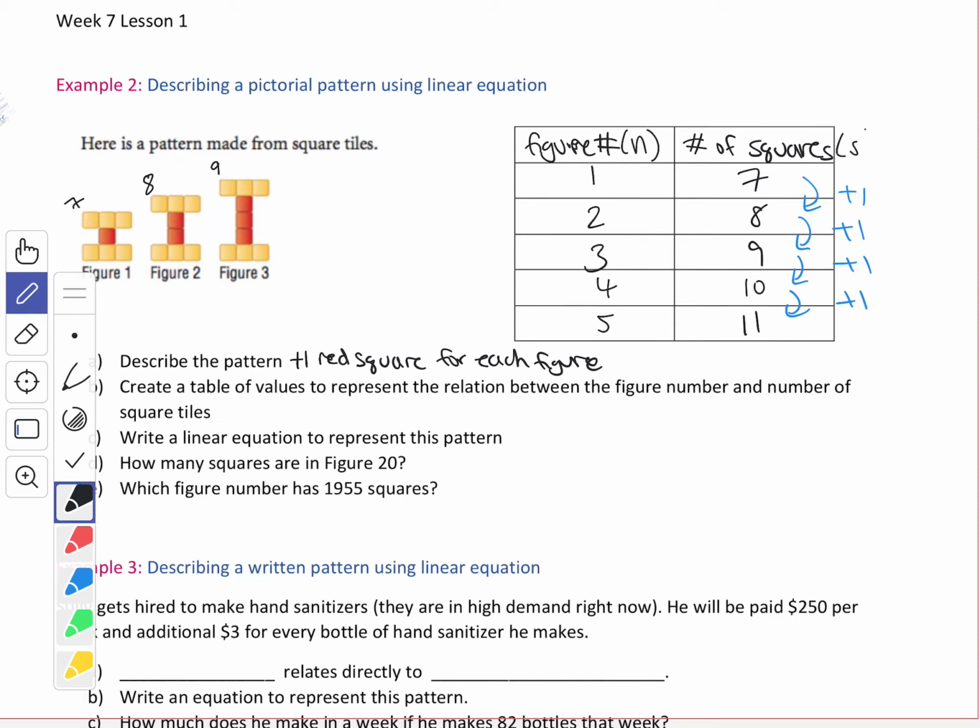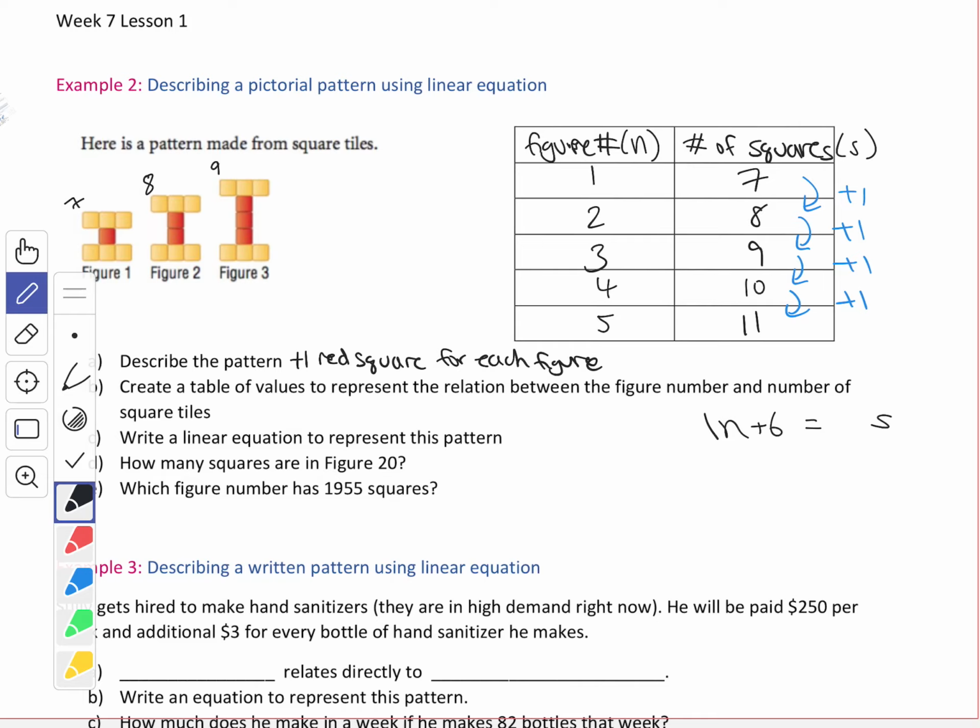Okay, so this is very similar to what we did. So let's actually name this n and name this s. So n has to equal s, and we need to come up with a relation between the two, and it looks like the coefficient for n is going to be 1. So if the coefficient for n is 1, how do I get to 7? So 1 times 1 is 1.